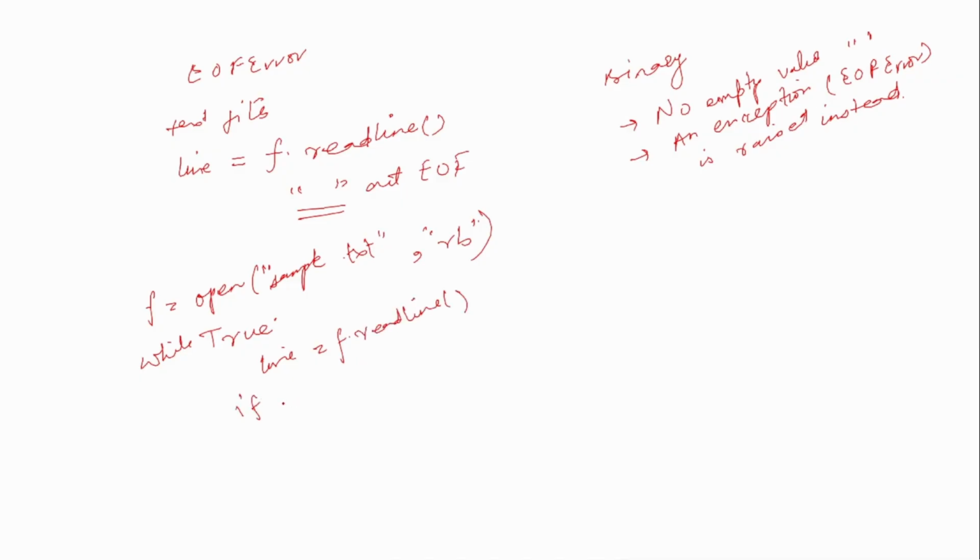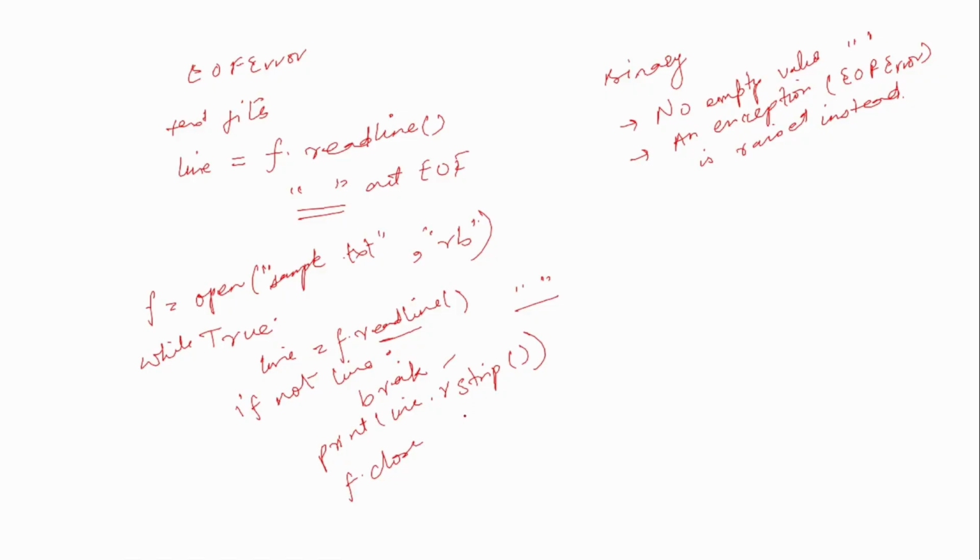So we say if not line, then we break out of the loop, else we print line.rstrip(), and then finally we close the file. So here we are reading this file using f.readline(), and we are saying if not line, so if line equals a blank string. This means if we have reached the end of the file, then we break out of the loop, else we print line.rstrip(), and then we finally close the file.